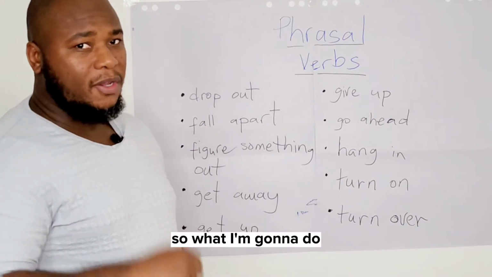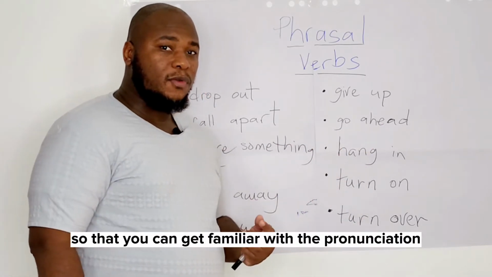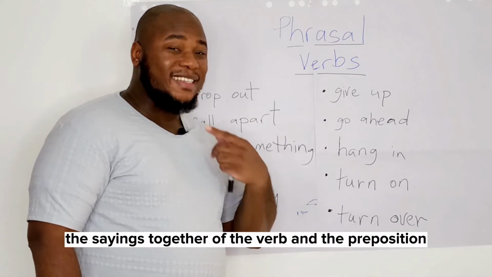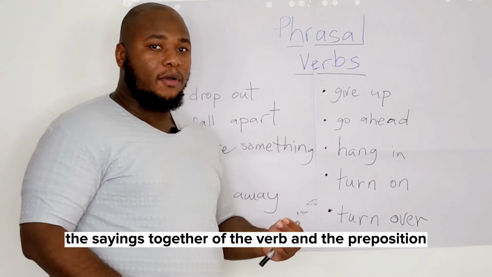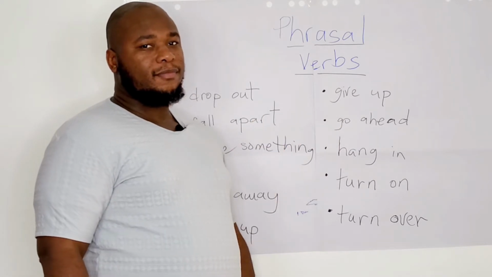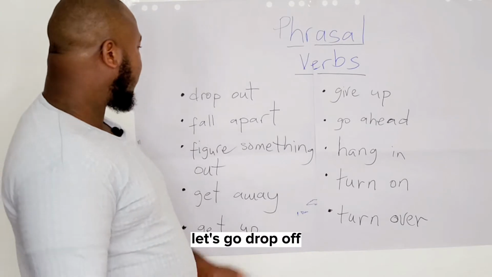So what I'm going to do is go through by just pronouncing them for you so that you can get familiar with the pronunciation, the saying together of the verb and the preposition. And you can follow along with me. Let's go.